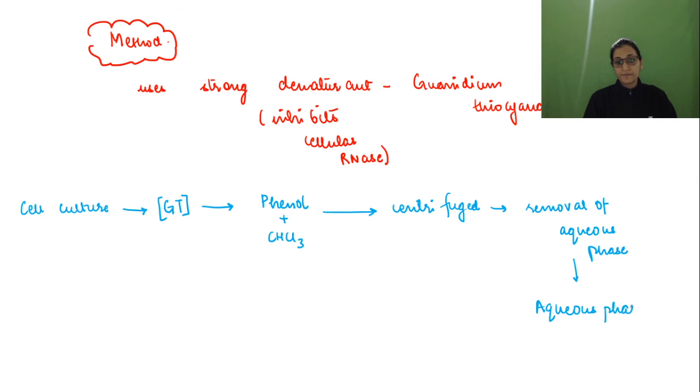In this aqueous phase, there will be addition of isopropanol. Then it will be centrifuged again. After centrifugation, we'll be getting the RNA pellet.